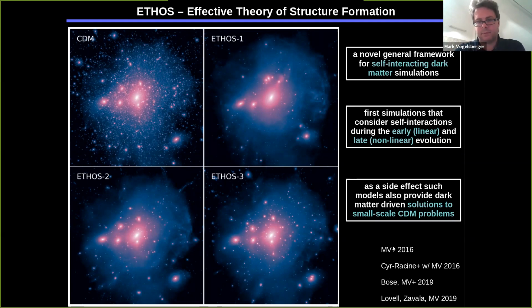Since I'm not a particle physicist, the only thing I did was to simulate some of these models, in this 2016 paper, and some of the results are shown here. This is a comparison of a Milky Way-like dark matter halo between some of these effective models, ETHOS 1 to 3, and the CDM case. It looks a bit like a warm dark matter simulation.